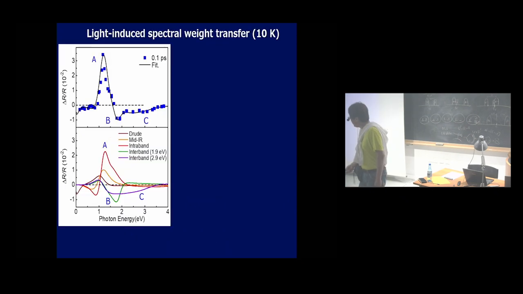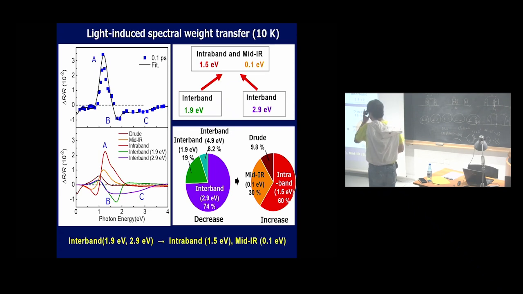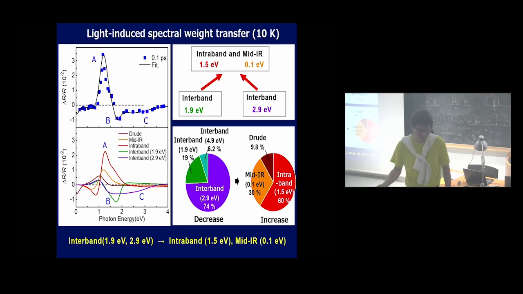And the result of the analysis is shown here. We have successfully reproduced the shape of the transient reflectivity spectrum. Here we assume an increase of scattering rate as well as an increase or decrease of the spectral weight of the respective bands.